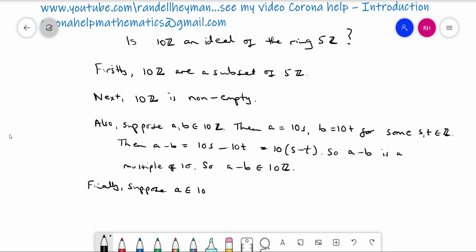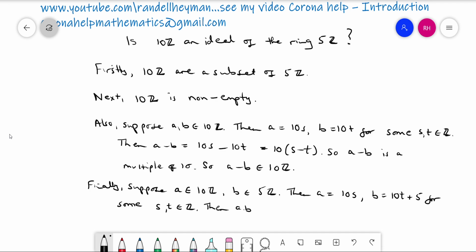A is an element of 10Z, B is an element of 5Z, then A equals 10S, B equals 10T plus 5 for some S, T that are integers, then A times B equals B times A.